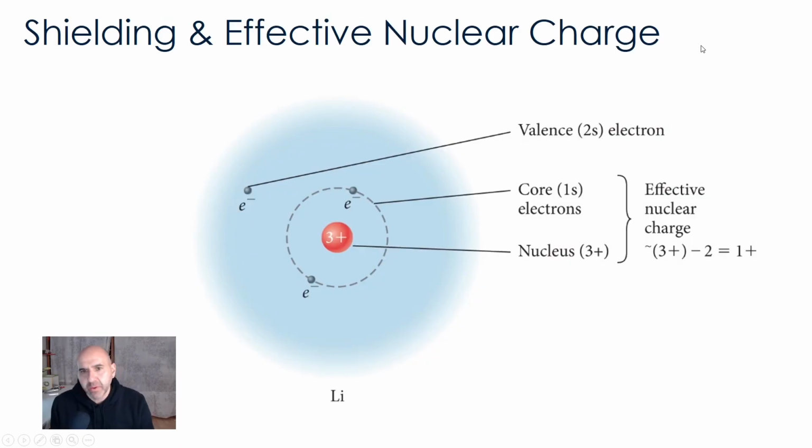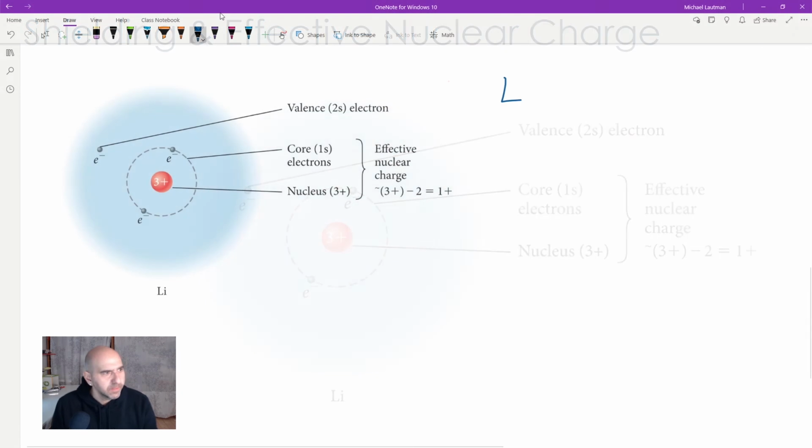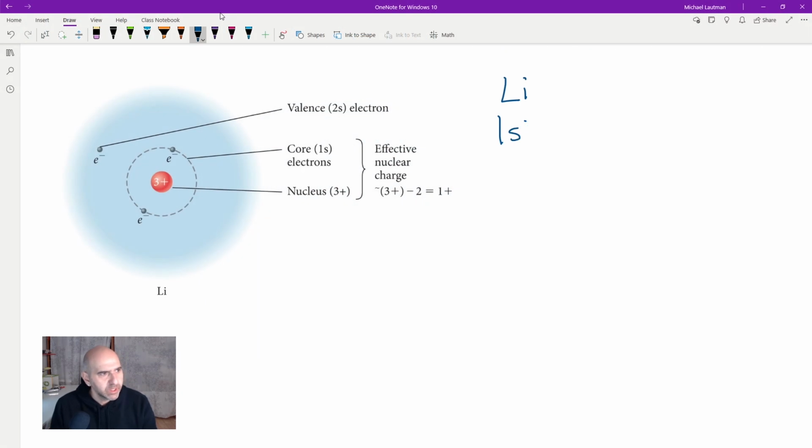So this comes down to a phenomenon known as shielding and effective nuclear charge. Let's take the example here of the atom lithium. Now, lithium has a charge of 3+, and it has 3 electrons. Lithium has 1s2, 2s1.